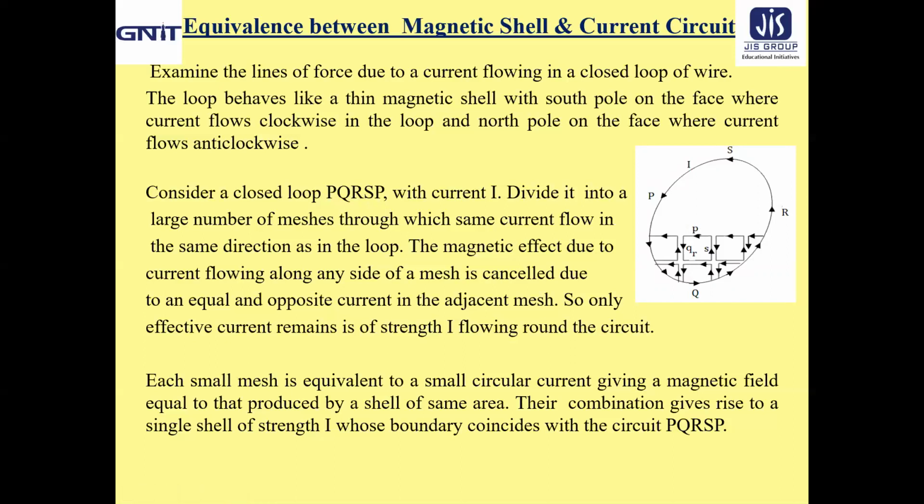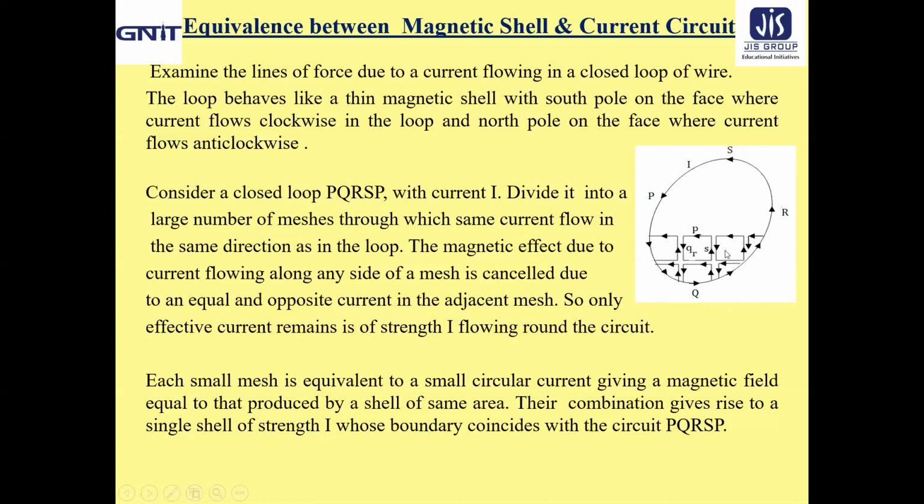Through each and every mesh, the same current is flowing as through the entire loop and in the same direction, so the current flowing through any side of a mesh is exactly cancelled by the equal and opposite current of the adjacent mesh. This holds for each and every mesh throughout. Only the uncompensated currents will be there along the boundary of the loop itself.